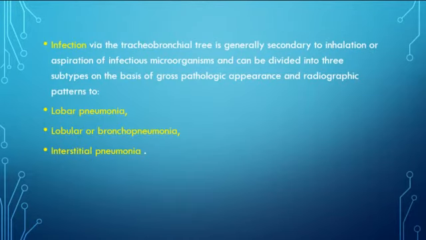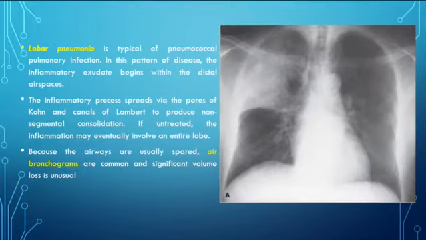Talking about infection. Infection via the tracheobronchial tree is generally secondary to inhalation or aspiration of infectious microorganisms and can be divided into three subtypes: lobar pneumonia, lobular or bronchopneumonia, and interstitial pneumonia. Lobar pneumonia is typical of pneumococcal pulmonary infection. In this pattern of disease, the inflammatory exudate begins within the distal airspace.